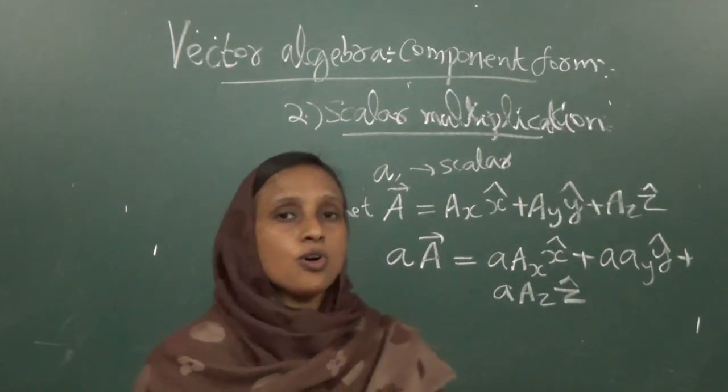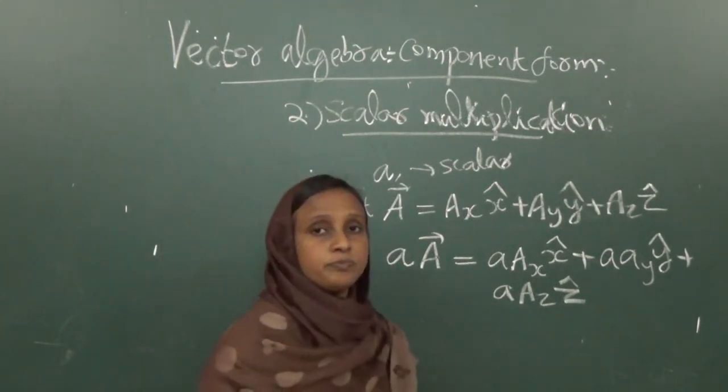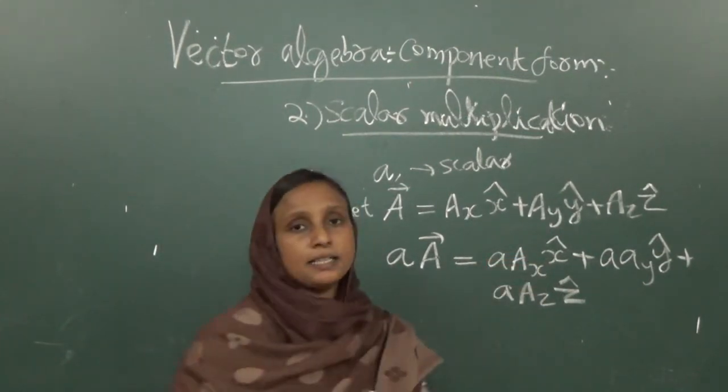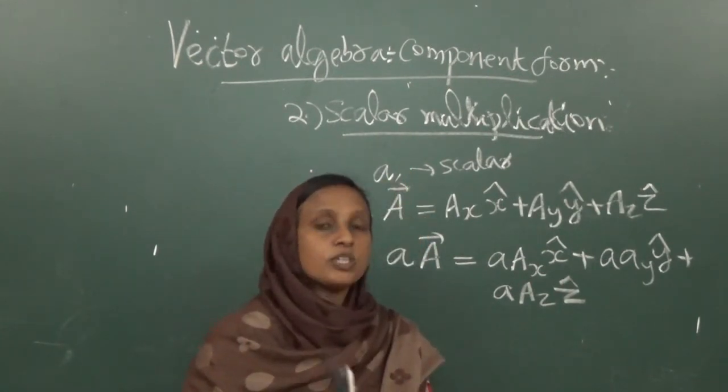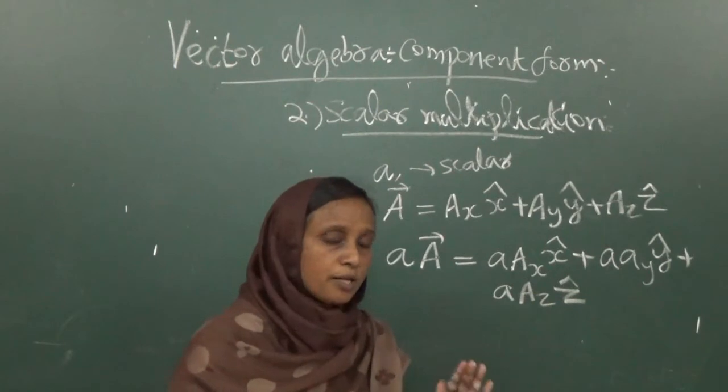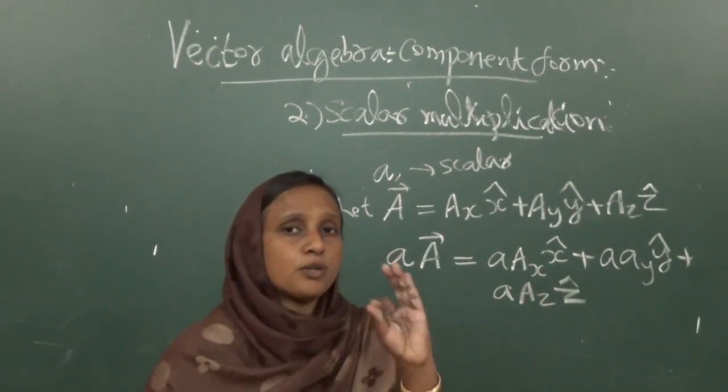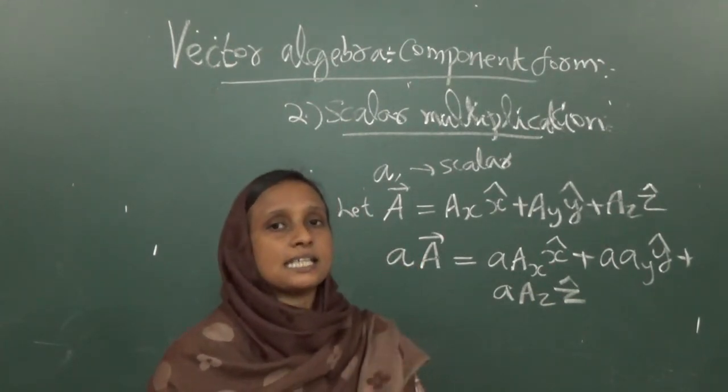So what is its conclusion? This means that if you want to multiply a scalar with a vector, you have to multiply each component of the vector with the scalar.